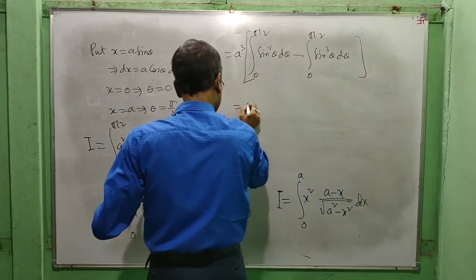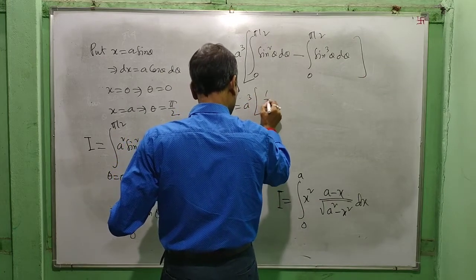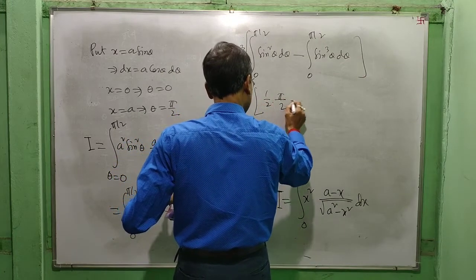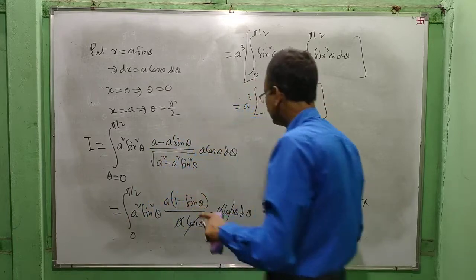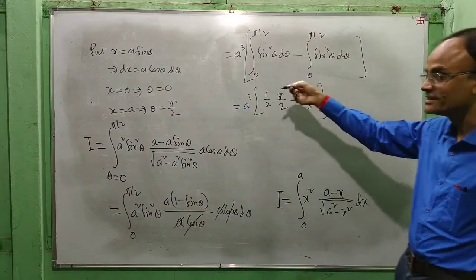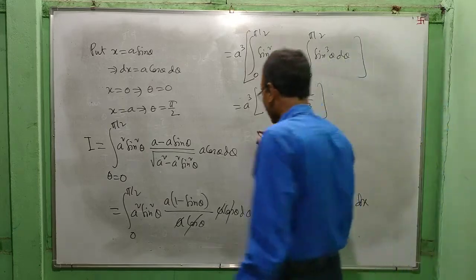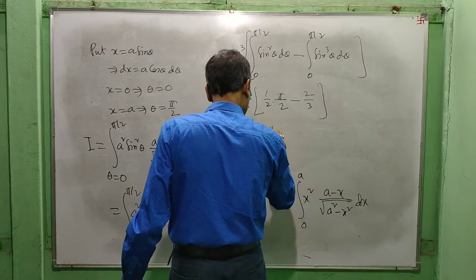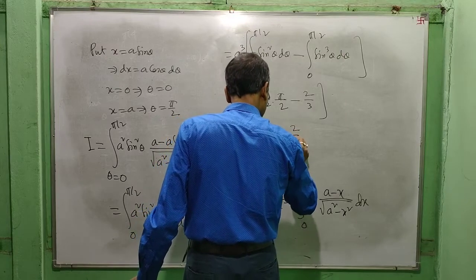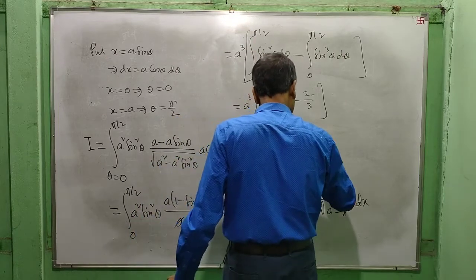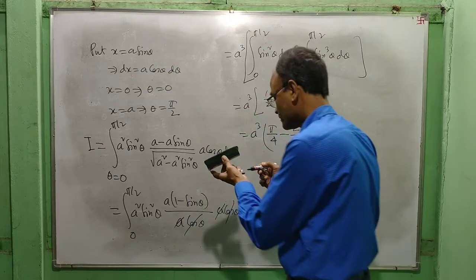Now you may apply Wallis theorem. It is 1 by 2 into pi by 2 minus 2 by 3. Simple. This is equal to a cube into (pi by 4 minus 2 by 3). This is the answer.